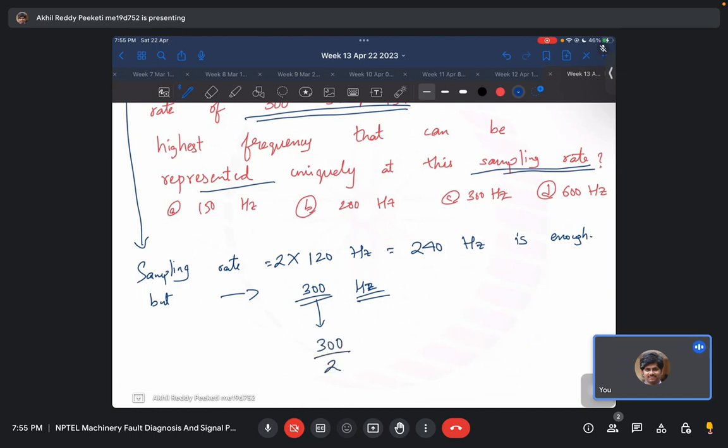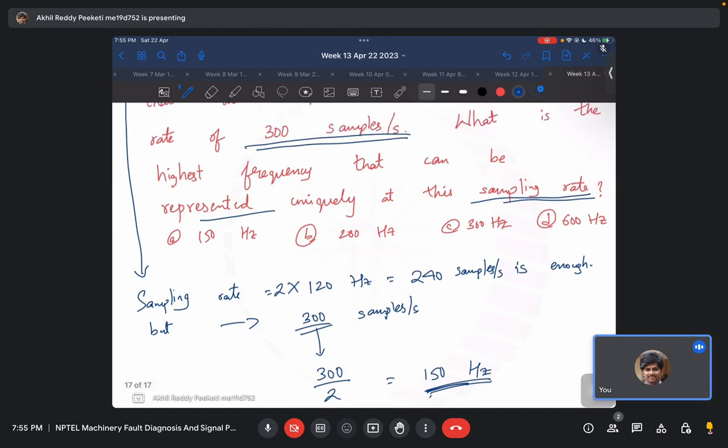Yes, 300 by 2 equal to 150 hertz, because you are sampling at 300 samples per second. So anything up to 150 hertz you can actually uniquely define. So the answer here is 150 hertz.